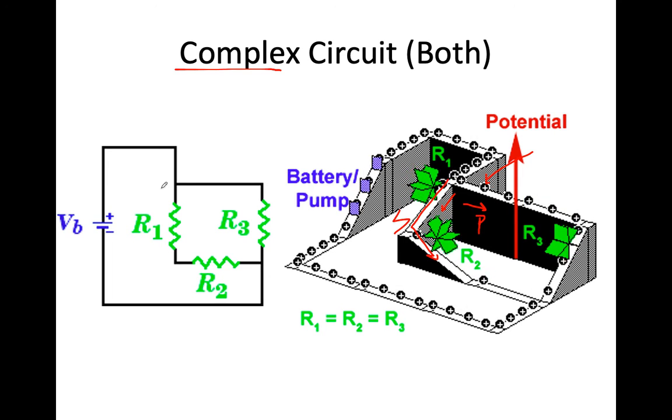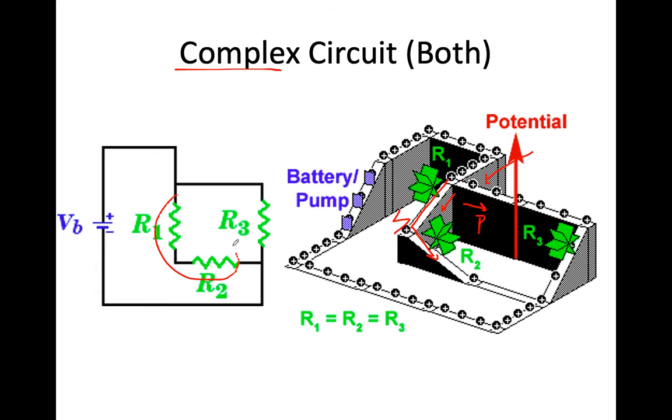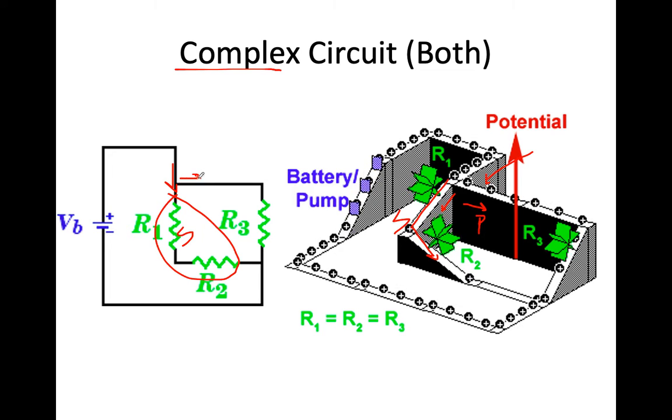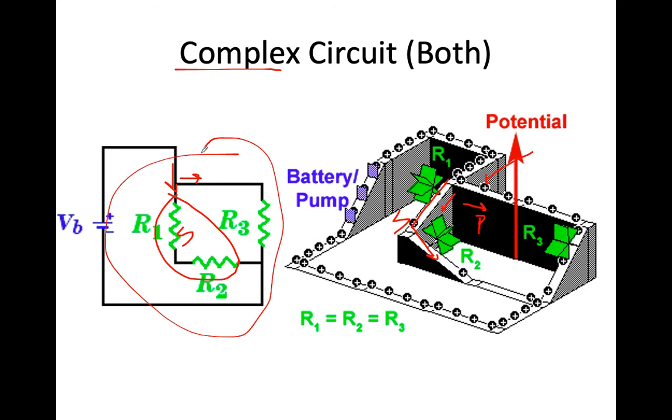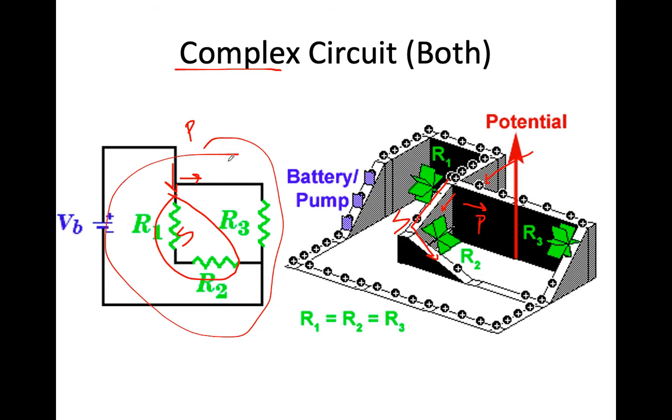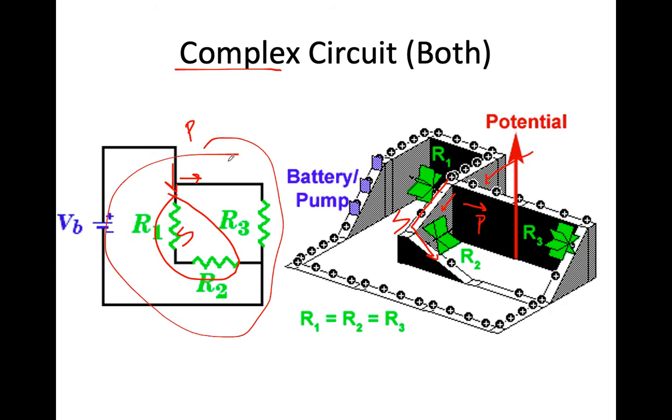That's our S. So again, if you look right here, this part right here is the series part. But as I could go this way or this way, that entire operation right there is a parallel circuit. So when you have both present, which is what usually happens, that's called a complex circuit.